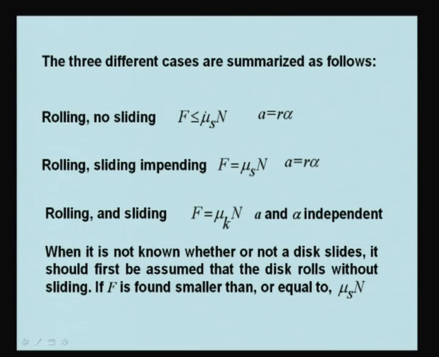And then you have one relation for geometry, that is, A equal to R times alpha, where R is the radius and alpha is the angular acceleration.